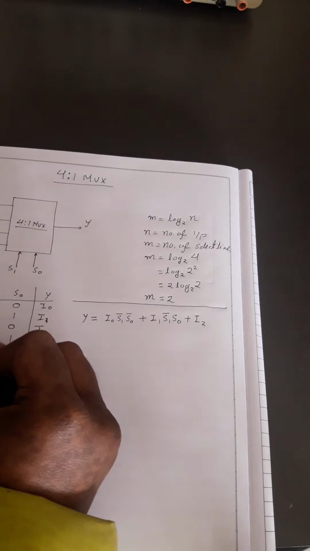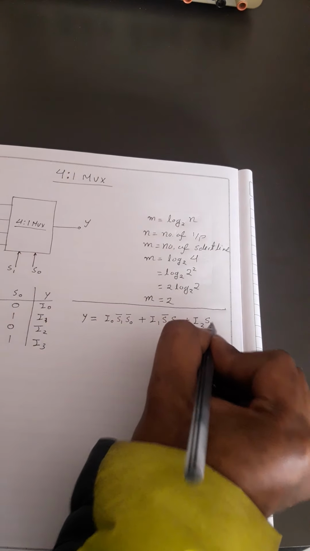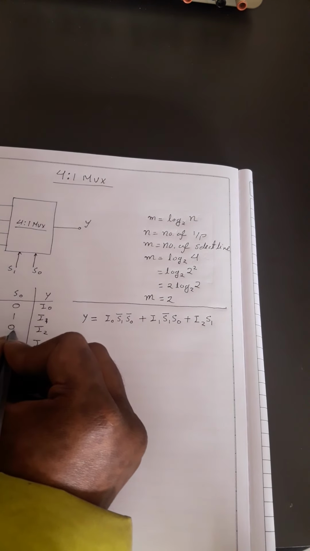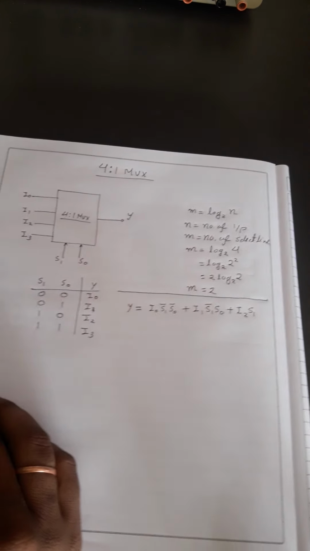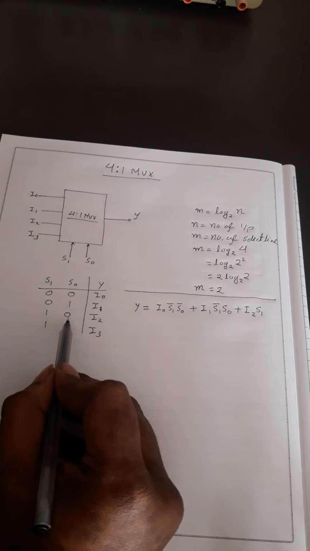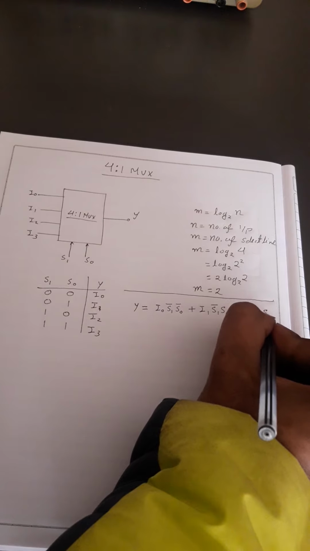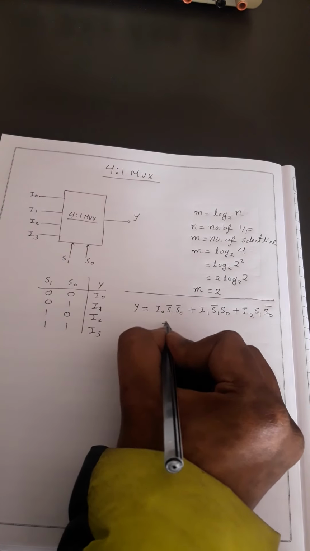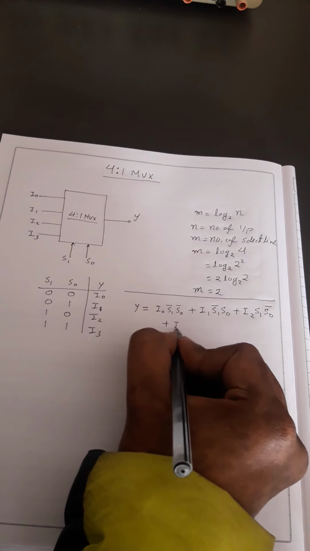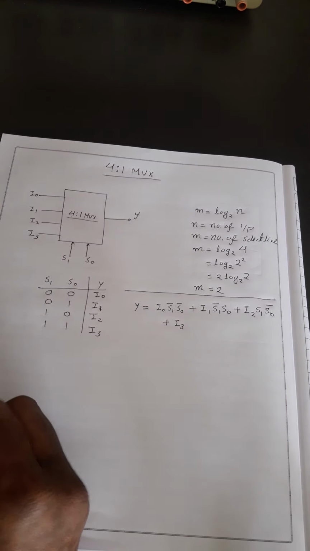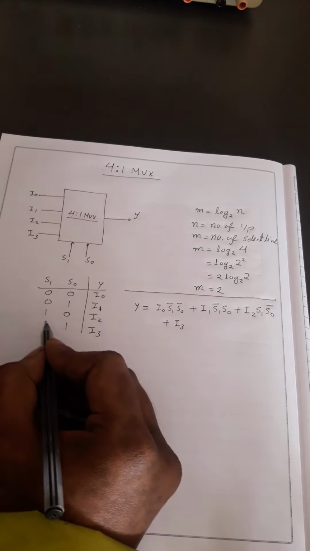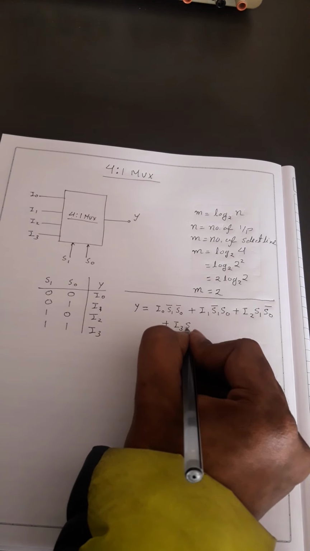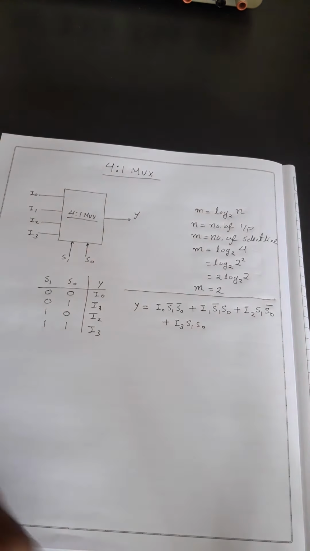Then I2 will be selected when S1 is 1 and S0 is 0. Here you can see S0 is 0, so now it's S0 bar. Plus, I3 will be selected when S1 is 1 and S0 is also 1, that means S1 S0.